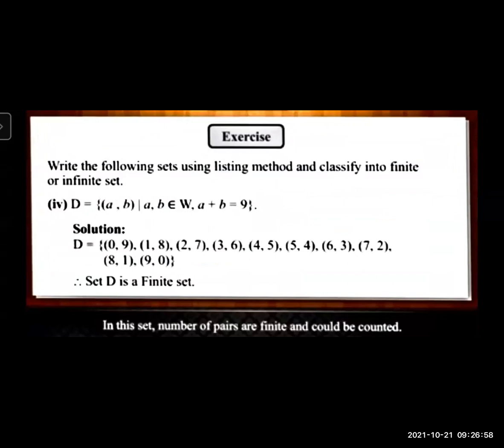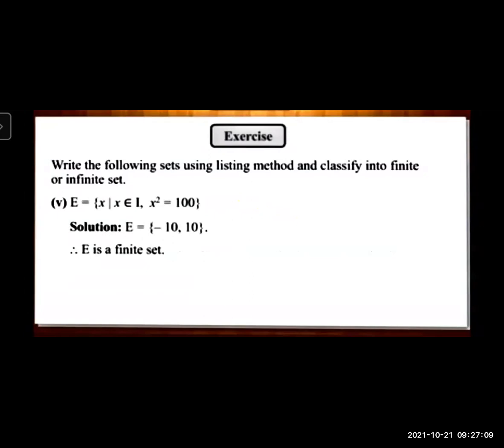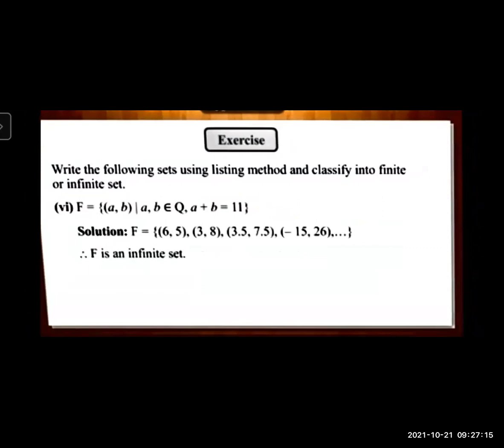Question number 4, set D, A plus B is equal to 9, which is possible, and the number of pairs is finite and can be counted. Therefore, it is a finite set. Question number 5, x square is equal to 100, giving minus 10, 10, is a finite set. Question number 6, infinitely many such pairs can be written. Therefore, F is an infinite set.